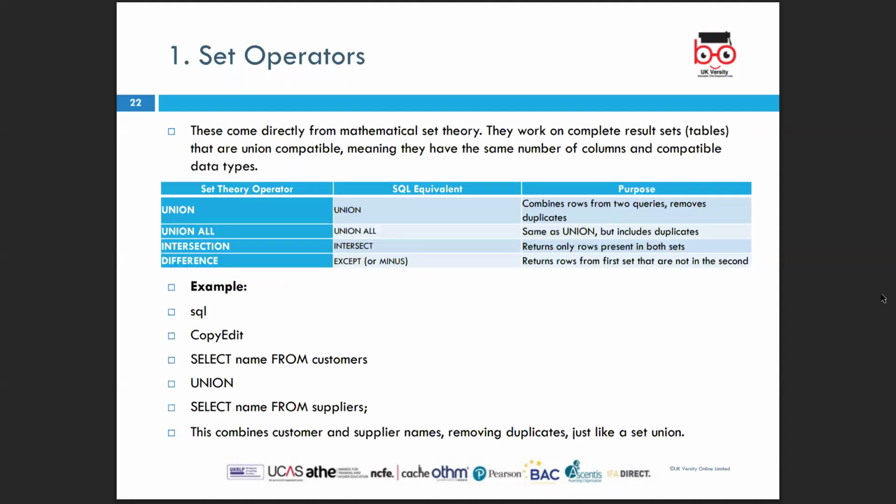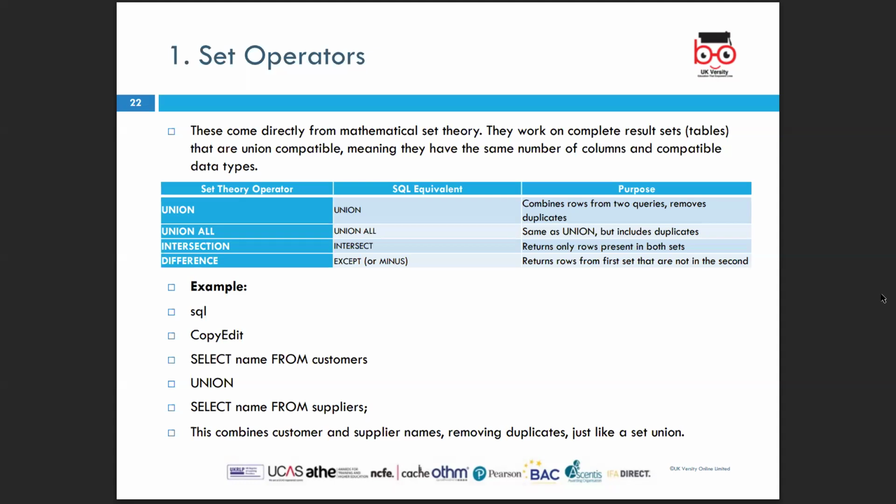Set operators come directly from mathematical set theory. They work on complete result sets. These are union compatible, meaning they have the same number of columns and compatible data types.